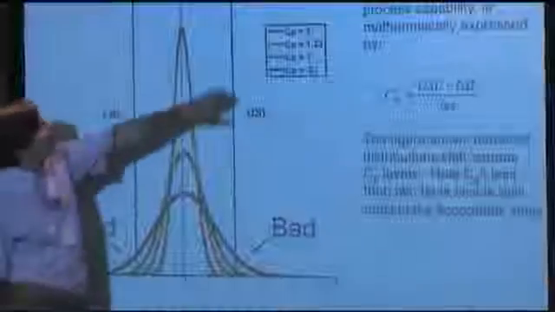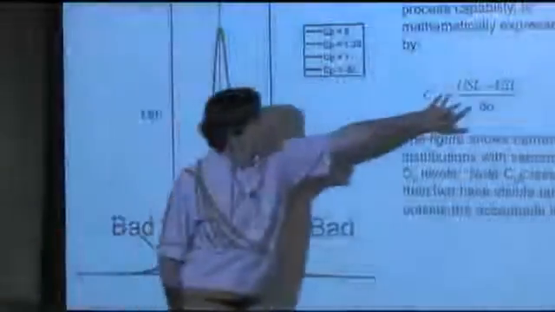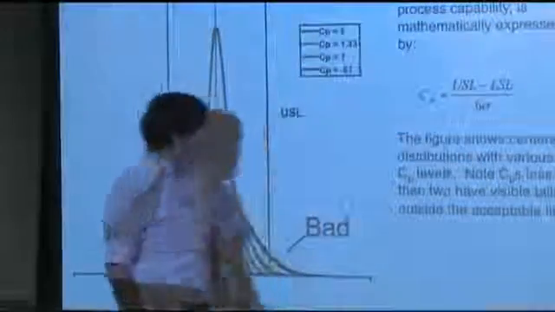And if we have, say, a Cp of 2, that's very tight: basically the spec limits are twice 6 sigma of the process.